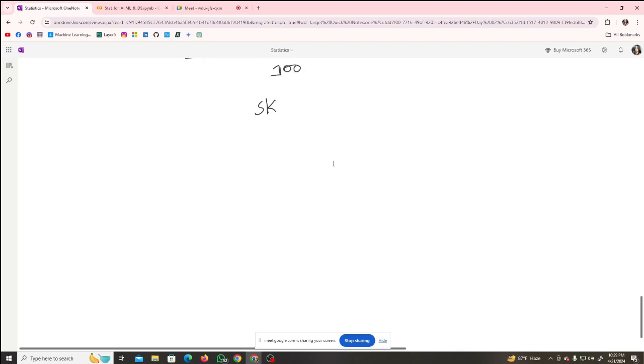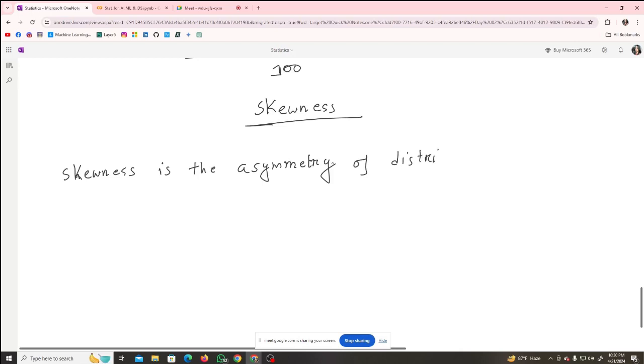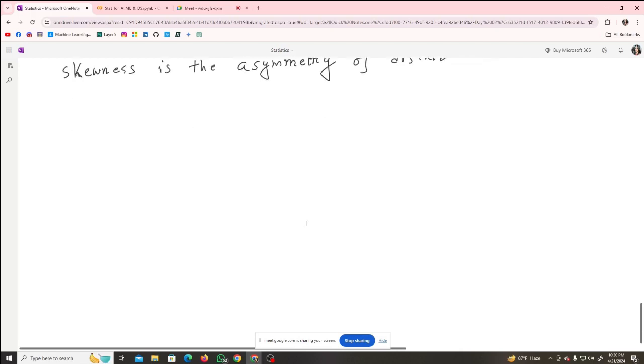So skewness. What does skewness mean? Skewness is the measure of asymmetry of a distribution. It indicates whether the data is concentrated on one side.